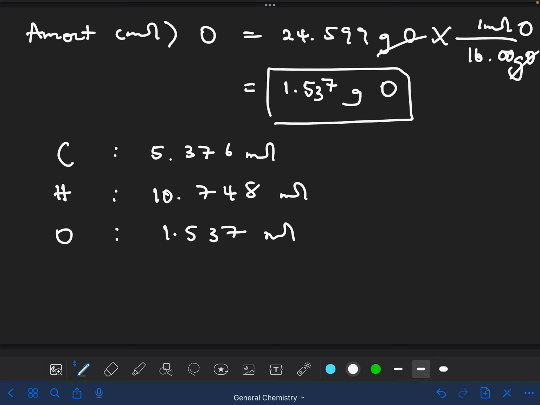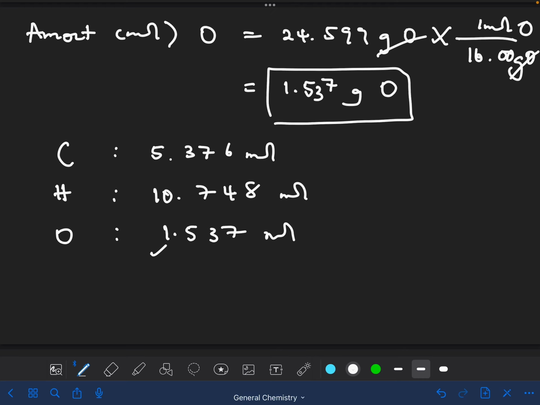All right, then we're gonna divide all of these moles by the smallest number of moles. Obviously, this is this one over here.